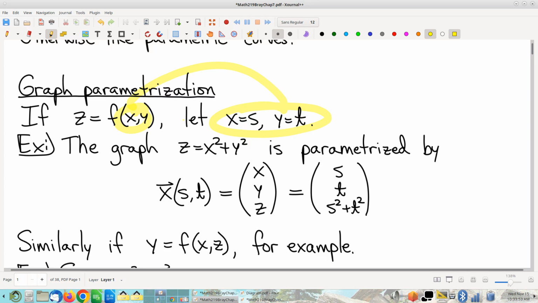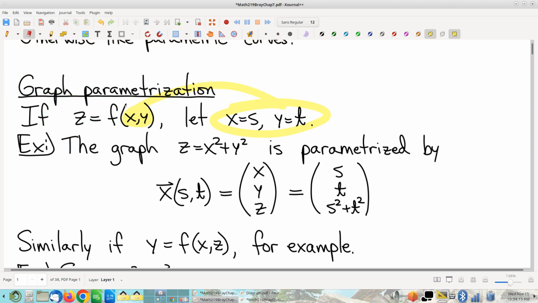It's kind of a ripoff of this old idea, and I claim this works really well. Everything will just fall into place if you follow this simple rule. If you are looking at a graph, which you'll notice this is, then again, whatever are your input variables, let those be your parameters.